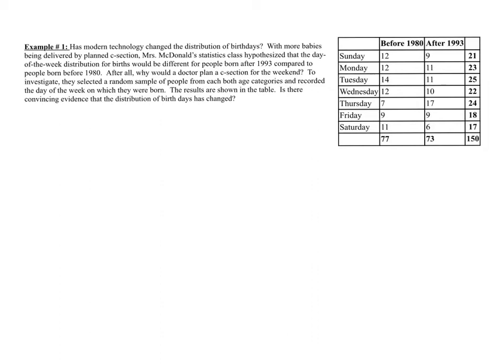For example number 1, we want to know if modern technology has changed the distribution of birthdays. You don't need to write this down every time, but in the previous slide I was saying that it's one variable and multiple samples. So in this case, your variable, which remember is categorical, is going to be the day of the week.